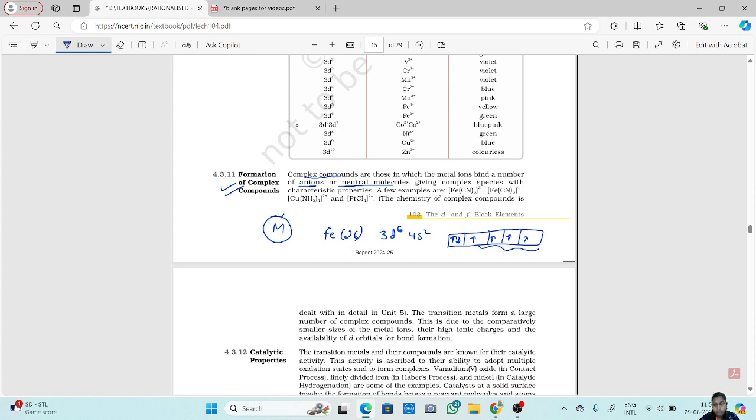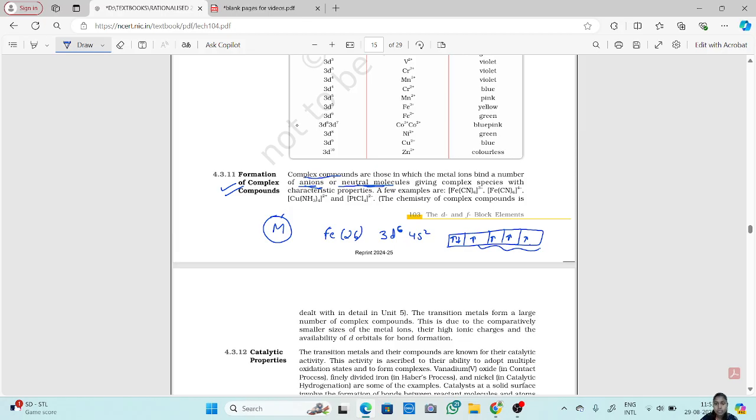So the remaining 4 electrons, they require 4 more electrons to complete this orbit. So those 4 electrons are either taken as anions or neutral molecules which fill these electrons and complete the orbit. Now, this orbit completion, the compound which is formed is known as a complex compound.